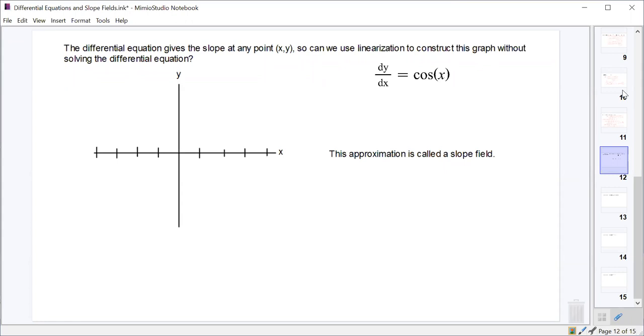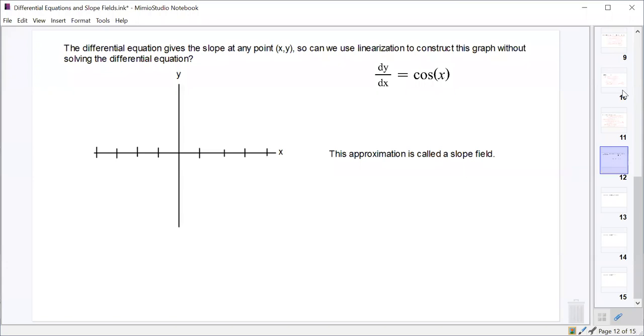And so what we're going to do is take the slopes of our original function using the differential equation of it, because that differential equation should represent the slope of our original function at any point that we are interested in.